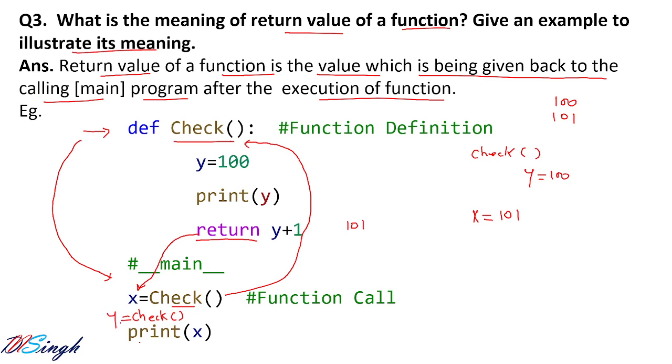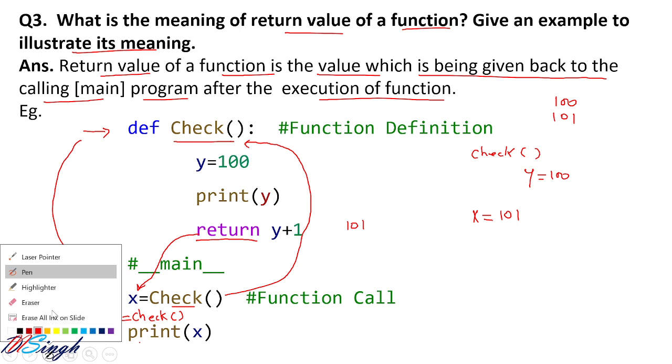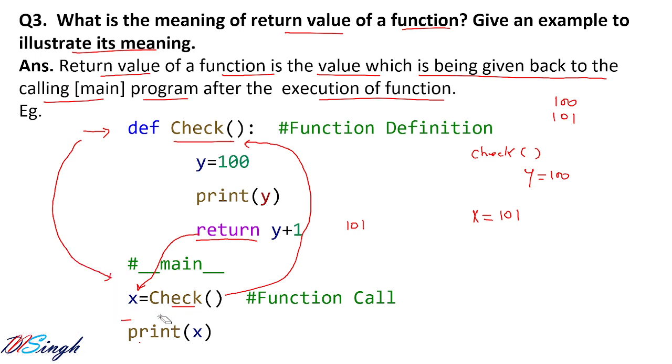So you need a variable to hold that value, otherwise Python is going to give an error. So for that purpose x has been taken, so that you can hold the value returned by the function check. I hope you got the meaning of return value in a function.